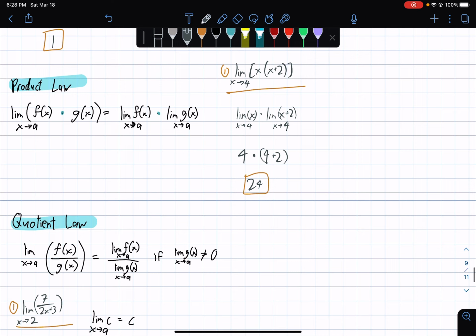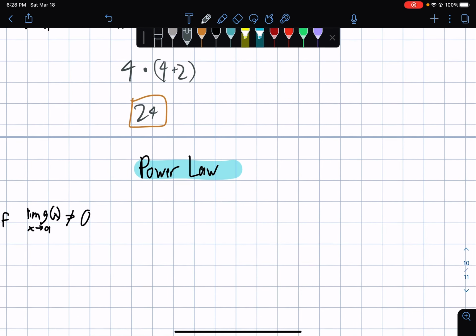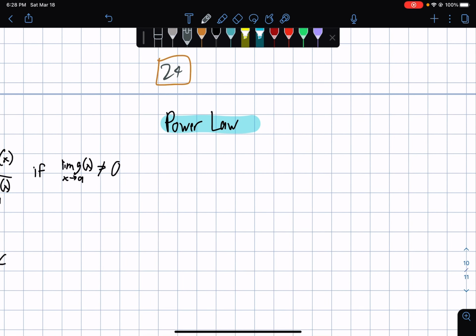Okay, let's take on one more example. Let's move on to power law. I believe this is the strongest, the most powerful of all the other laws, or at least that's what my teacher told me.